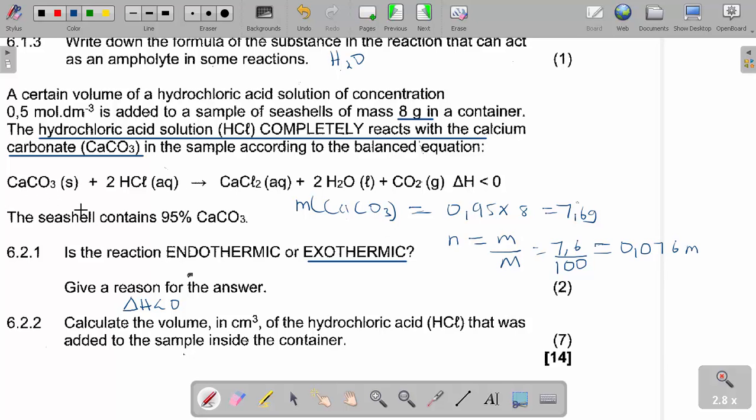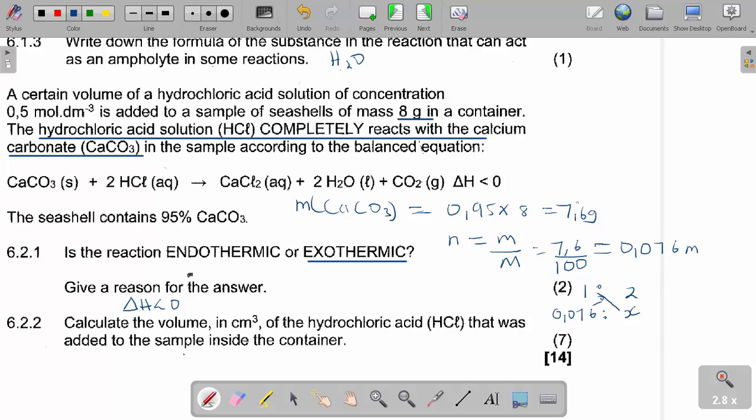Now if I check my reaction, the mole ratio of calcium carbonate to HCl is 1 to 2. The one is for the calcium carbonate, which is 0.076. The one for HCl I don't know, so I can call it X. Then I'm going to cross multiply.